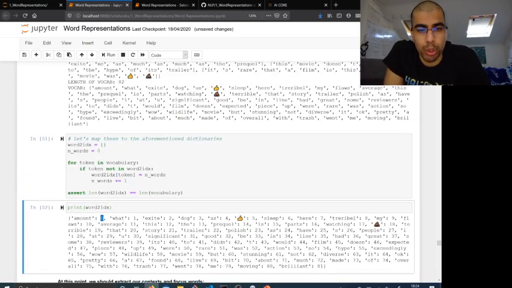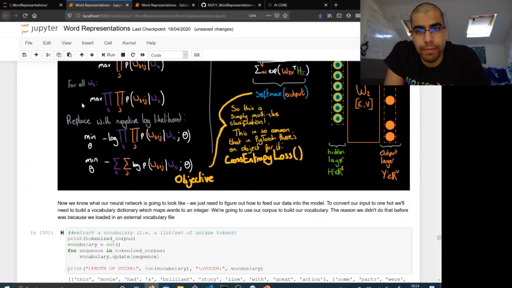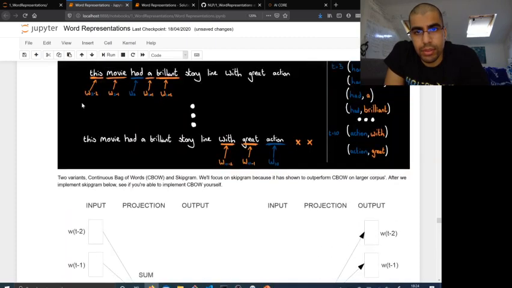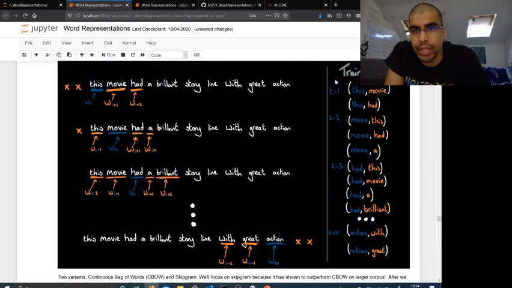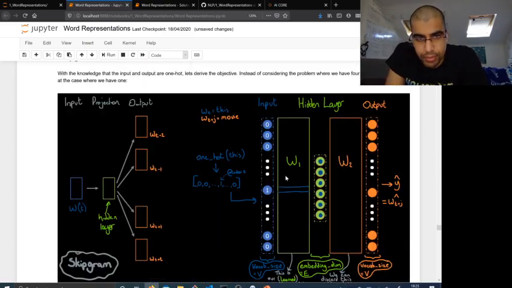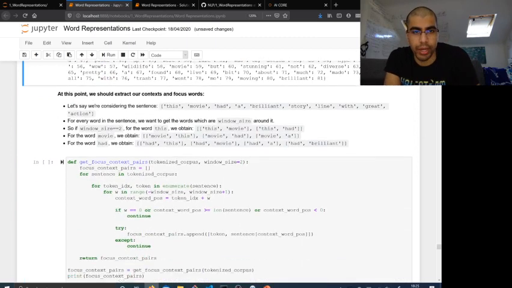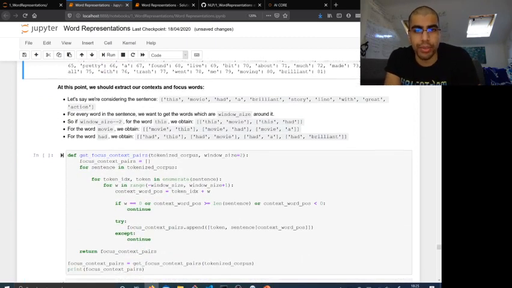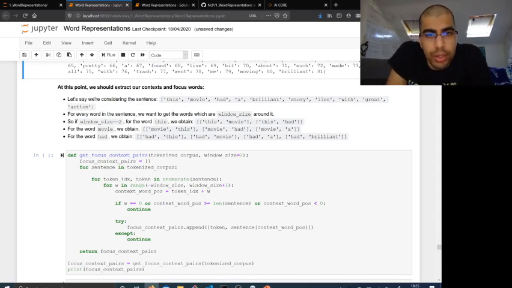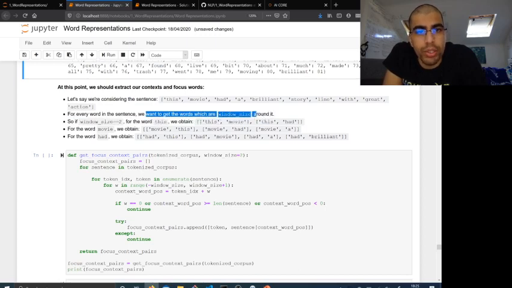And now we need to build our training pairs. We need to find a way of going from a sequence and extracting out the training pairs. Just to dive into a more codified version of what I'm saying, consider the tokenized sentence: this movie had a brilliant storyline with great action. For every word in the sentence, we want to get the words which are a window size around it.